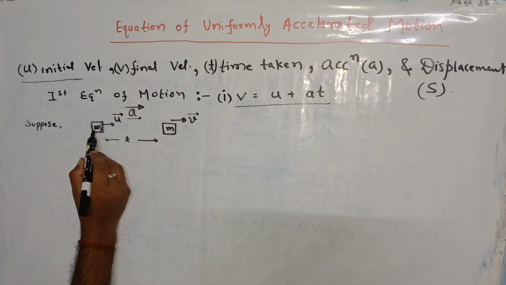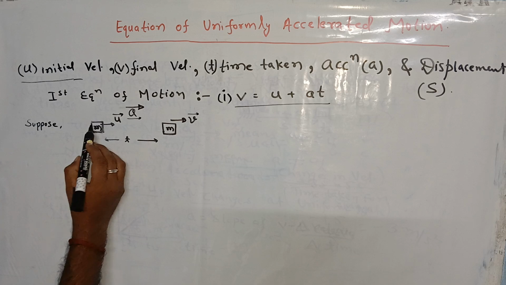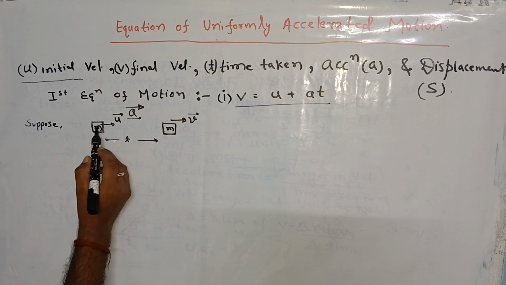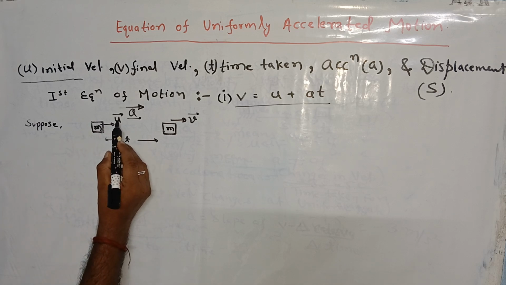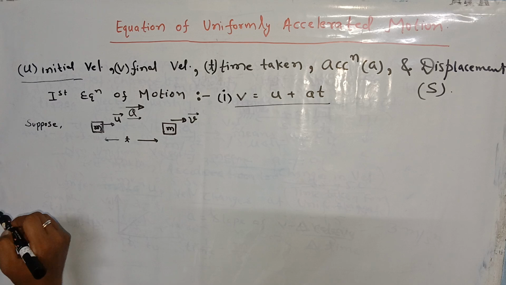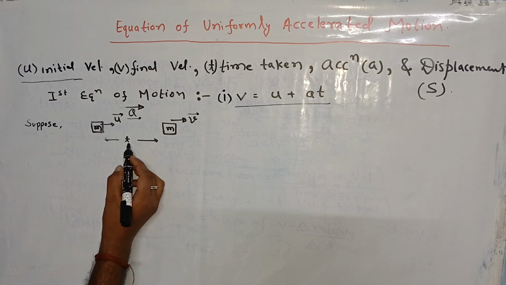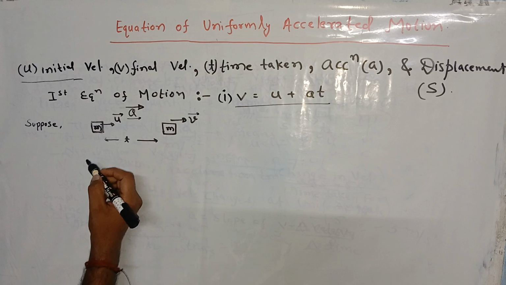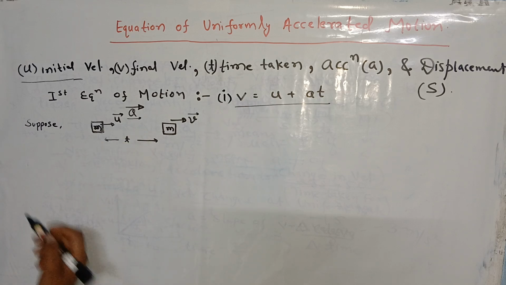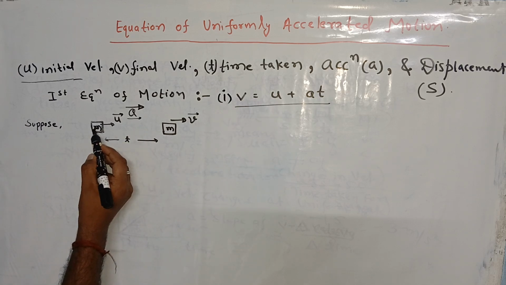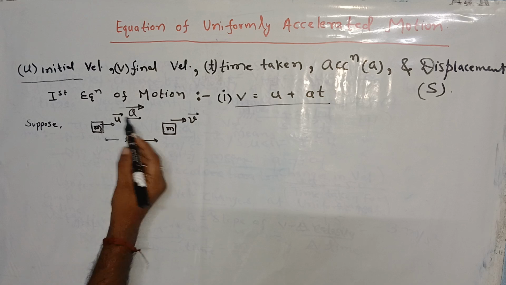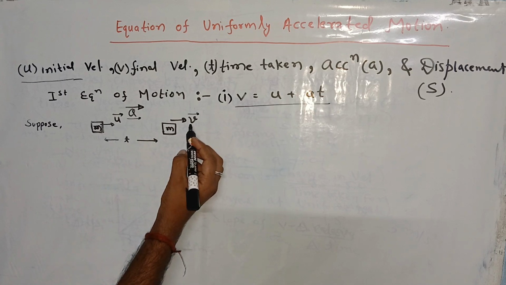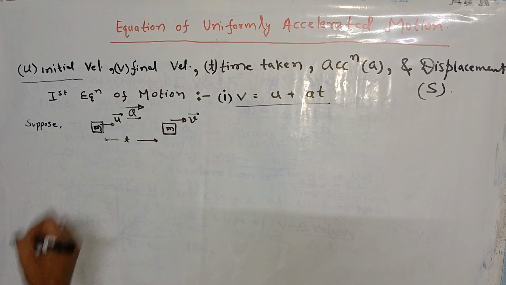The object of mass m initially has velocity u, and after some time t it will acquire a final velocity v. How? Because of its acceleration. The object is accelerating, so finally it will have some final velocity v.